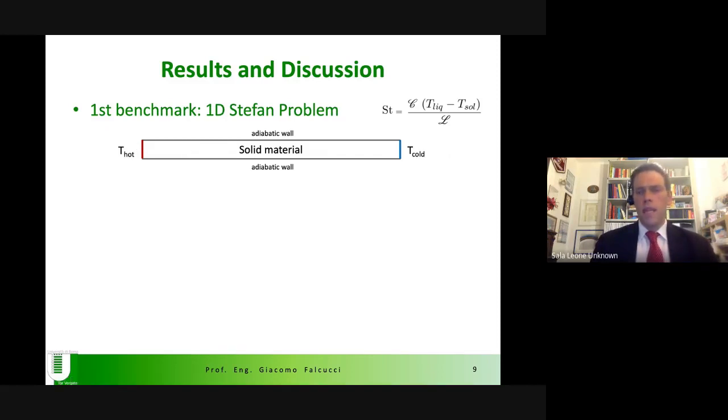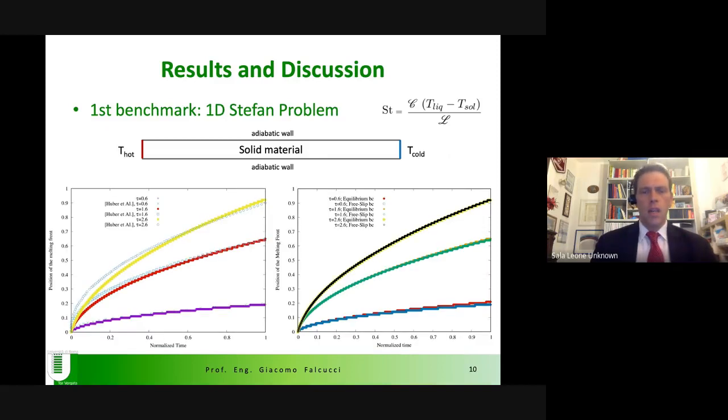We did many tests, of course, in order to validate our code. We considered another seminal work by the group of Professor Chopard, Huber et al. from 2008, and we considered different values of the thermal diffusivity, which reflects on the thermal characteristic time.